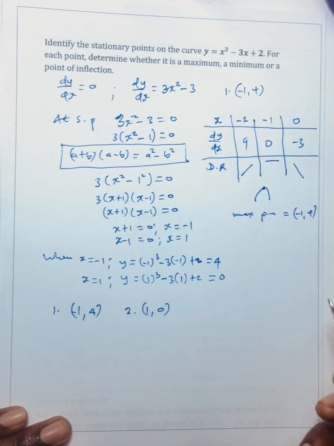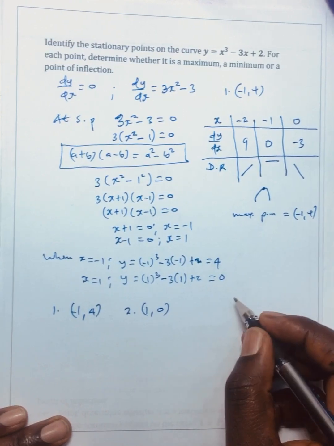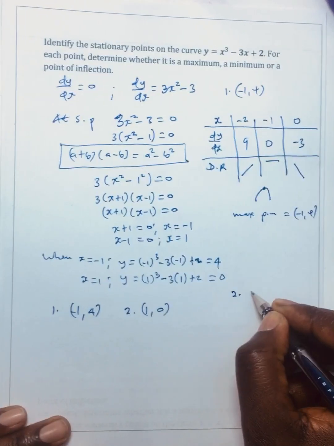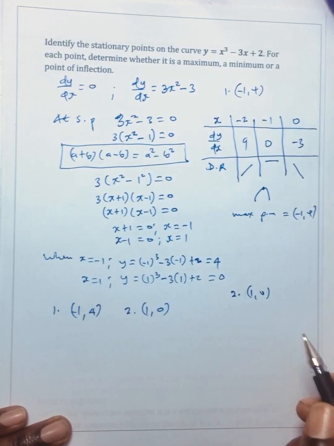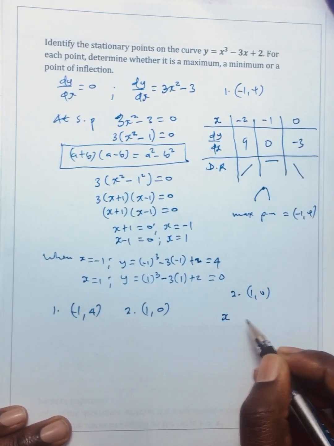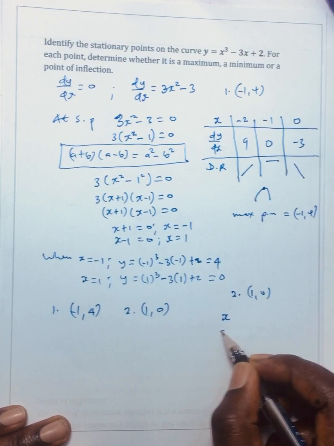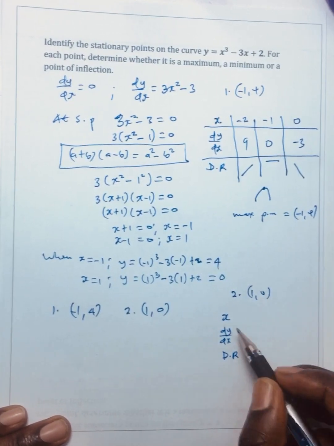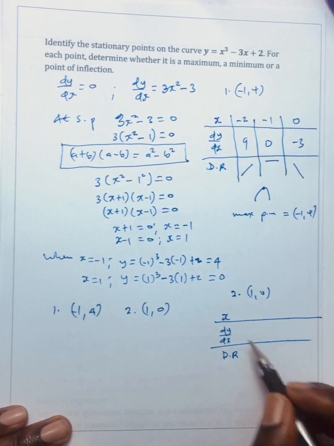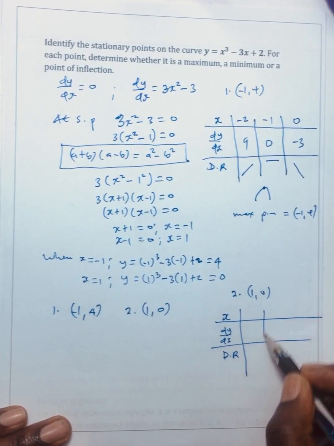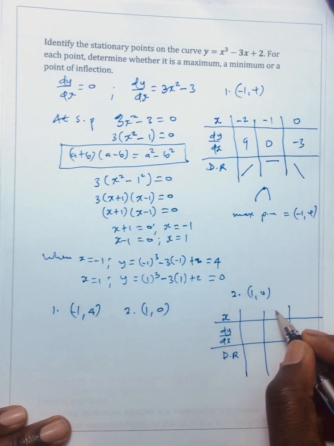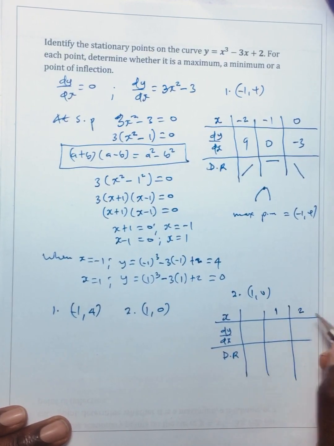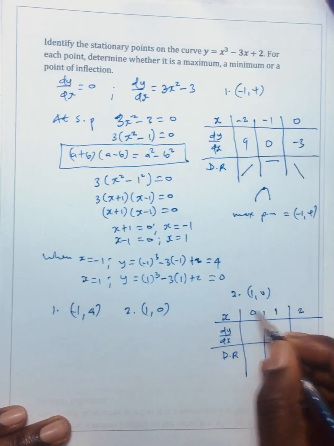So let us try the other point. The other point is this one here, 1, 0. So we again draw the diagram. We have x, we have dy/dx, and then we have the diagram. So we have 1, and to the right of 1 we have 2, and to the left of 1 we have 0.